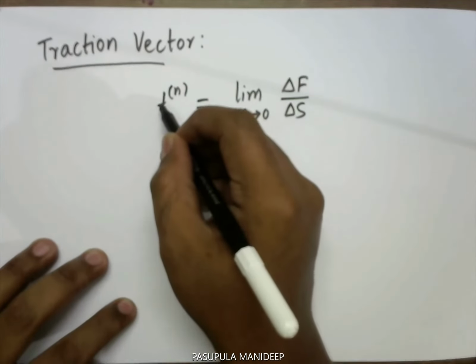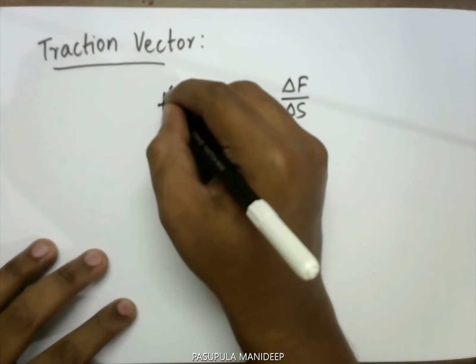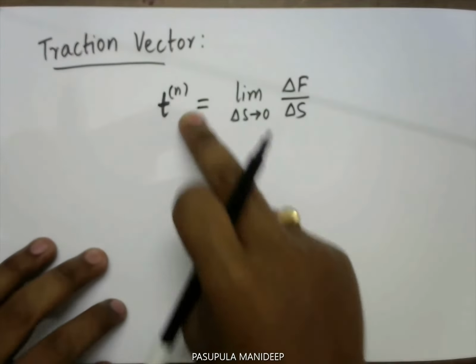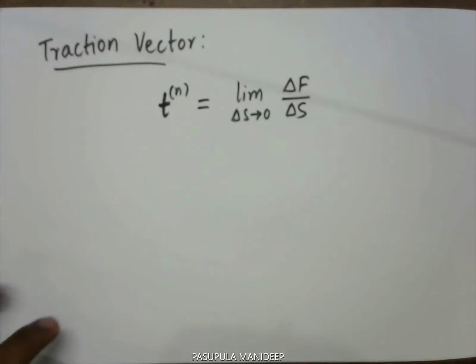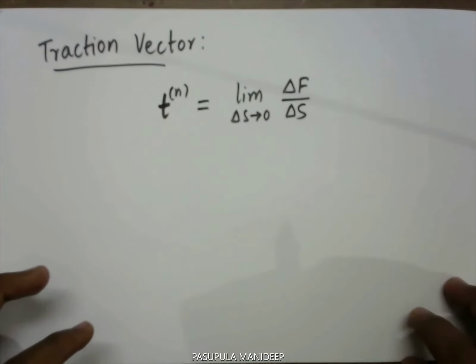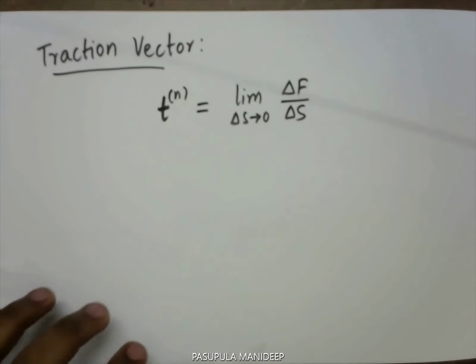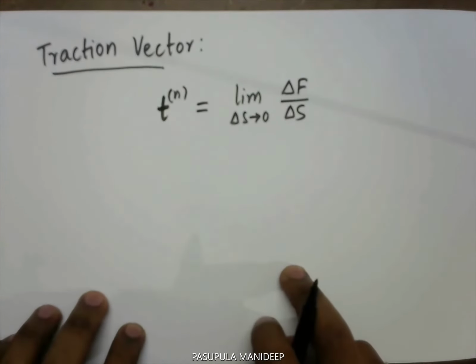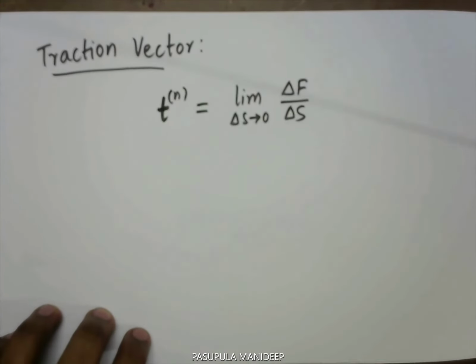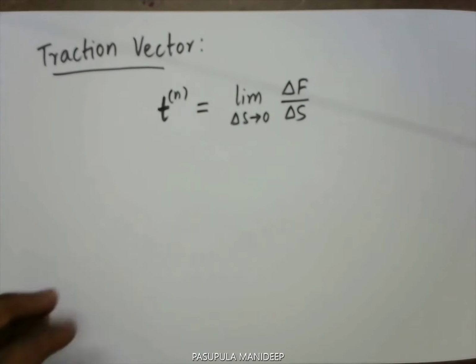Here T, which is bolded, represents the traction vector, and n represents the normal vector to the surface element. An infinite number of these traction vectors act at a point, each on different surfaces, through their respective different normals.